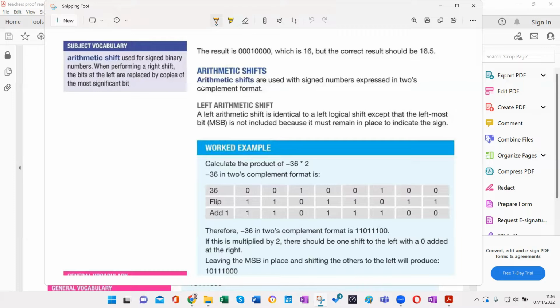Okay. Right. So the arithmetic shifts are carried out on signed numbers. That's the main thing, right? Logical shifts were carried out on unsigned numbers, but this one is carried out on signed numbers. Signed numbers are where we have a bit reserved for the sign, and also these arithmetic shifts are carried out on signed numbers which are represented in 2's complement form.